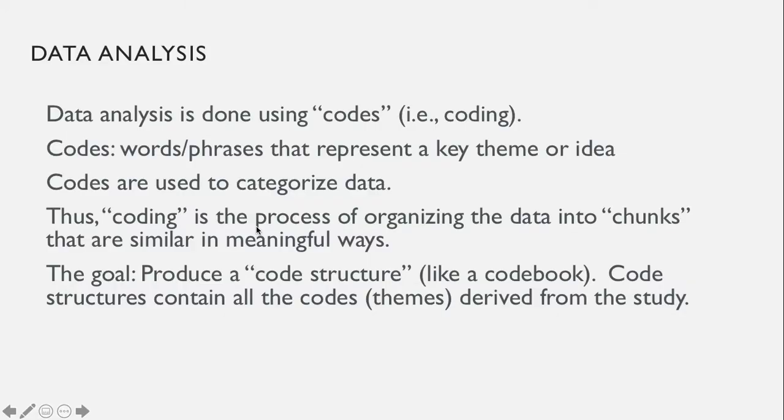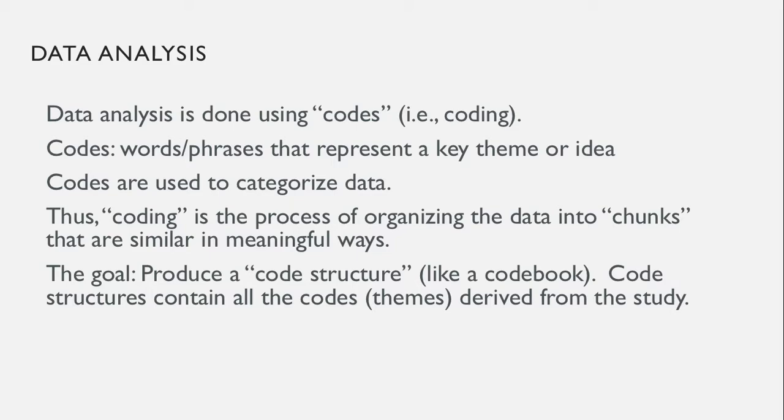Okay, so in qualitative data analysis, you use codes, and the codes are words or phrases that represent a key theme or idea. Codes are used to categorize the data. Coding is the process of organizing the data into chunks that are similar in meaningful ways.